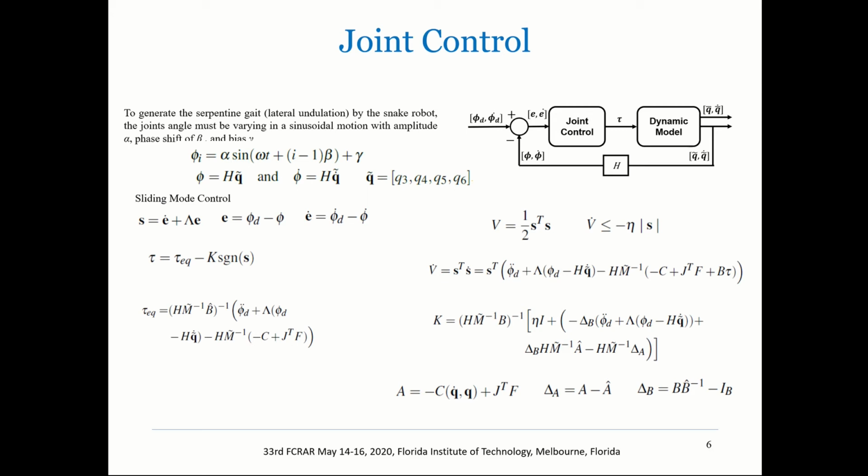With the sliding mode control, the Lyapunov function of 1/2 S transpose S is used. And then also just the standard block diagram for most feedback control systems, where the controller feeds into the dynamic model, and then there's a feedback element with the error and the different states.